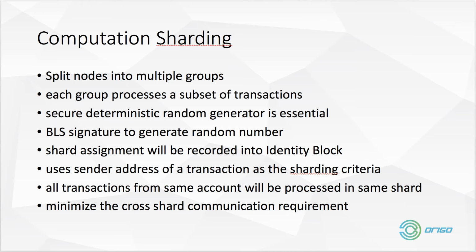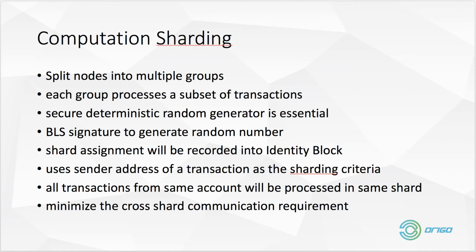After A sends a transaction to B, the amount gets decreased, and then when he sends money to C later, the account balance has actually changed. So if you do that in parallel in different shards, there's a dependency issue, right? Then you need cross-shard communication.